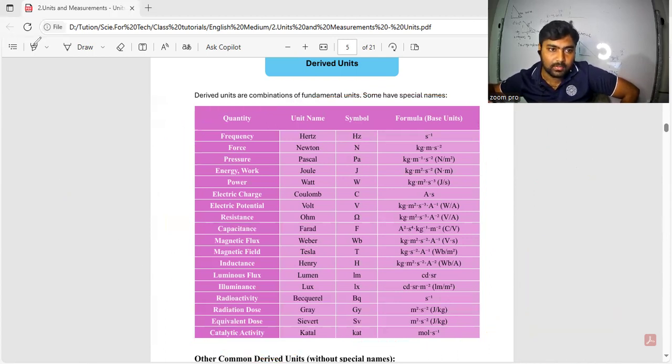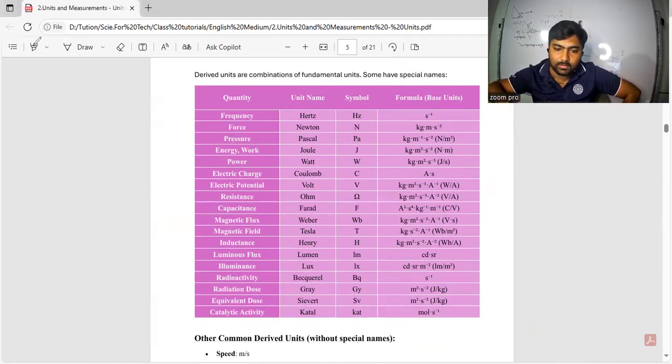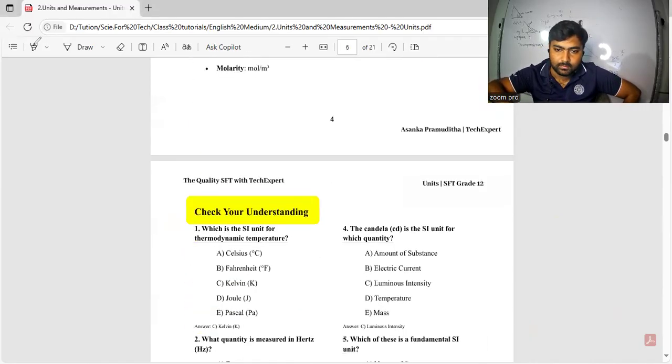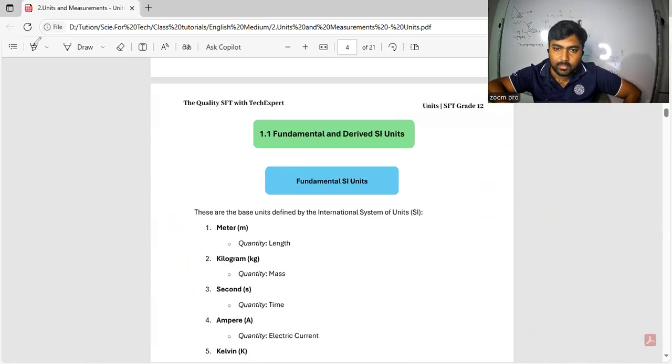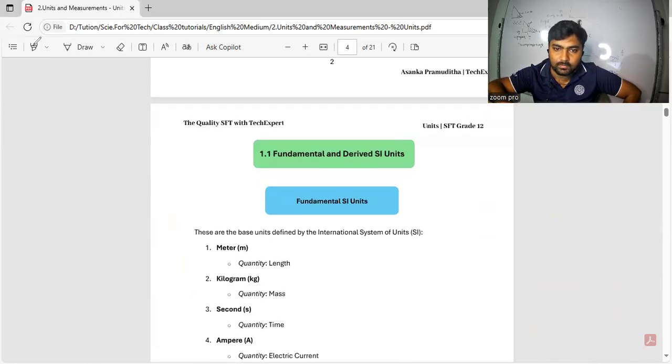Okay. Next we have to do the conversions. So let's write the topic: fundamental and derived unit system.